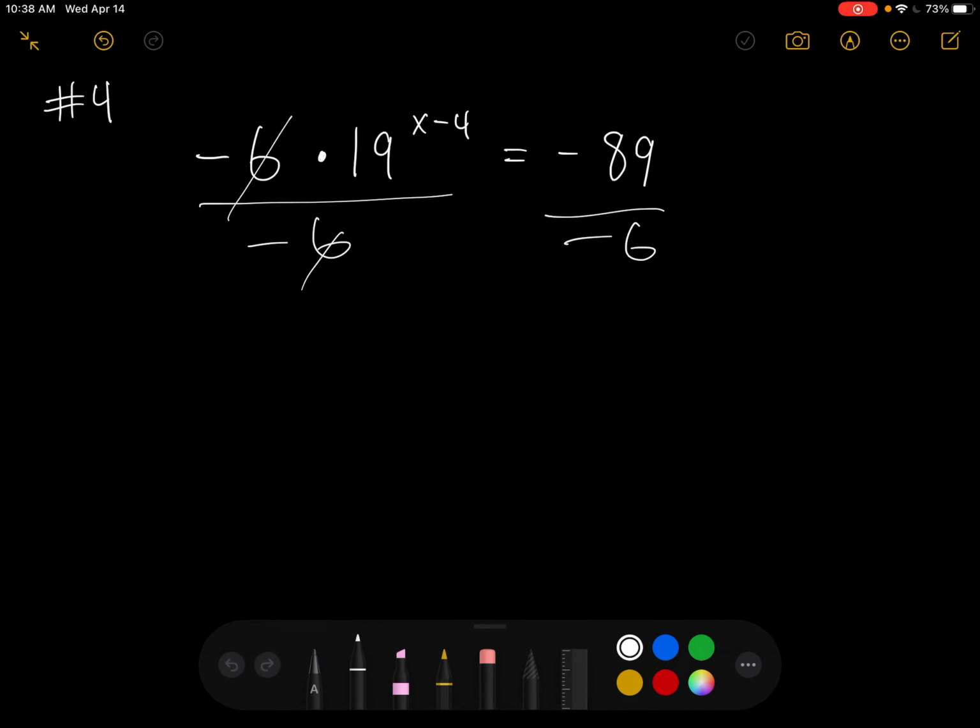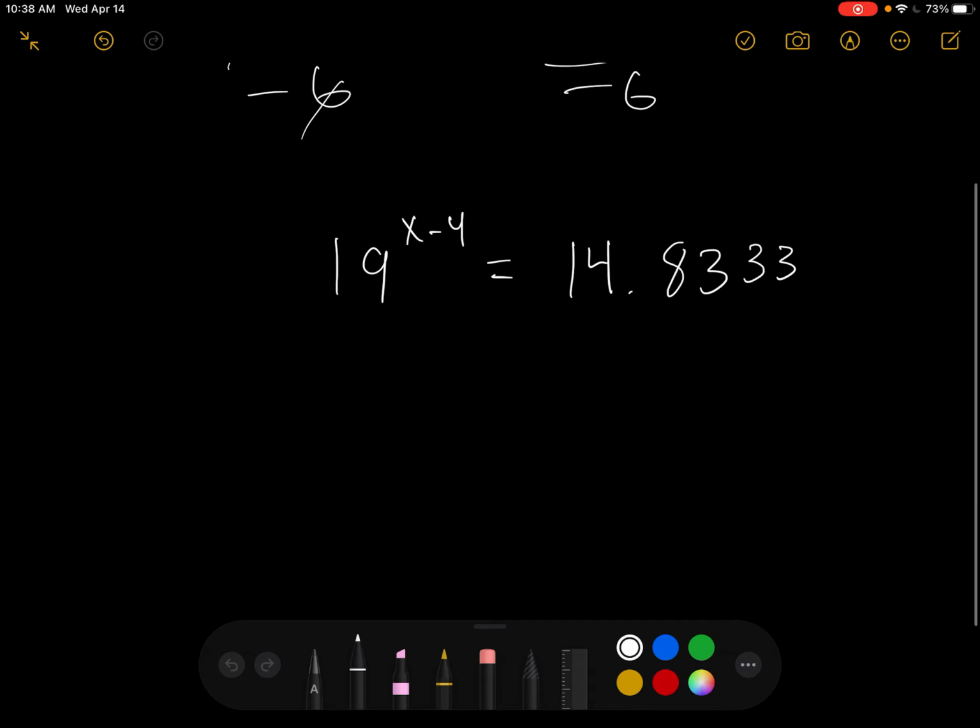So on this side, we have 19 raised to the power x minus 4 is equal to 14.83 repeating. Since we round to 4 decimals, I'm just going to keep this as 4 decimals. And let me rewrite this 4 to make sure that it looks like a 4. Okay, so now, same thing, we're going to change from exponential form to logarithm form.